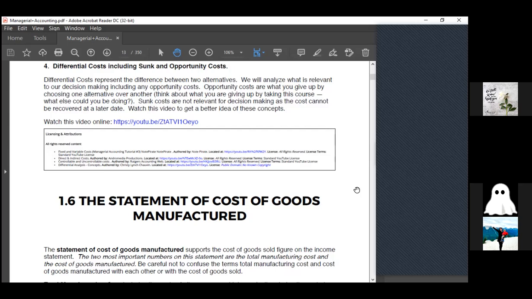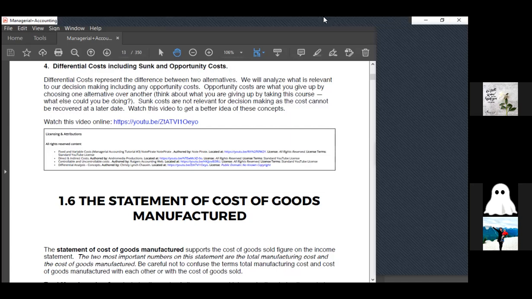Okay, and opportunity costs, as I explained, are costs that are incurred on choosing between two opportunities. So if you had, as we saw yesterday, the choice between two kinds of raw material in order to manufacture your product, when you choose one type of raw material, you are letting the other choice go. So that is the opportunity cost for your product.